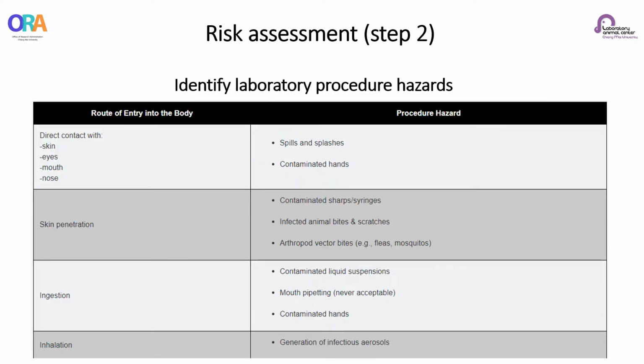Step 2. In addition to agent hazards, also take into consideration procedure hazards when performing a risk assessment. The principal laboratory procedure hazards are agent concentration, suspension volume, equipment and procedures that generate small particle aerosols and large airborne particles or droplets, and the use of sharps.